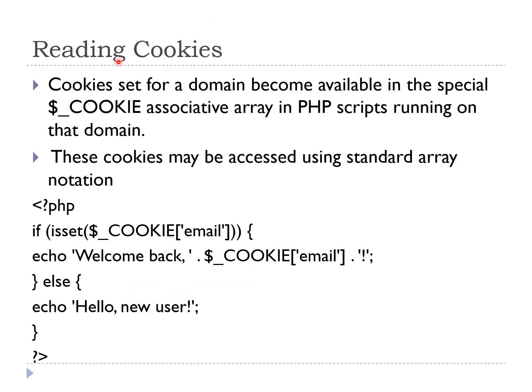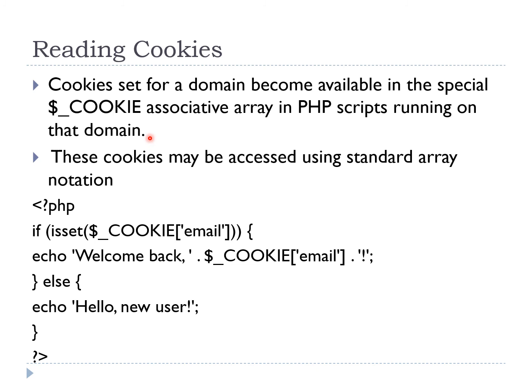Now let's see how we can read the cookies. Cookies set for a domain become available in the special $_COOKIE associative array in PHP scripts running on that particular domain. So in the previous session we discussed that in order to create a session we have the session_start function.